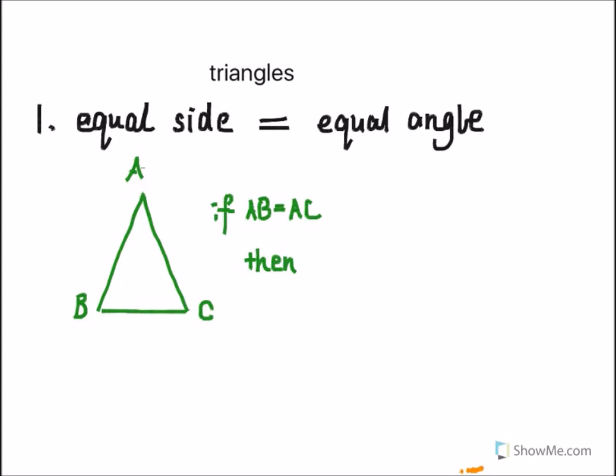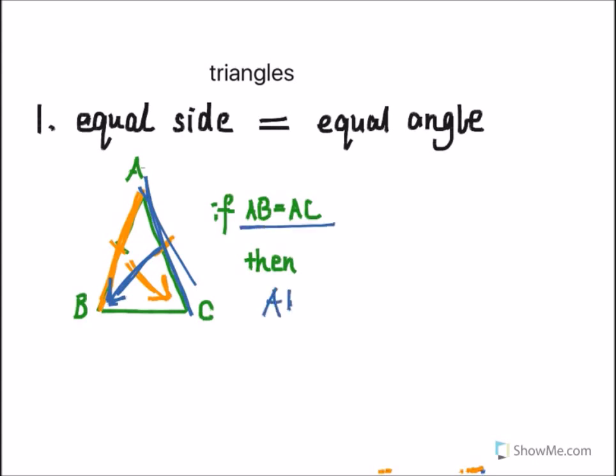We've got a triangle, and we know that AB equals AC, so it's an isosceles triangle. And now we want to show the equal angles. So first, let's look at the line AB. AB corresponds to angle C, and AC corresponds to angle B. So in a triangle, it's always like cross-corresponding.